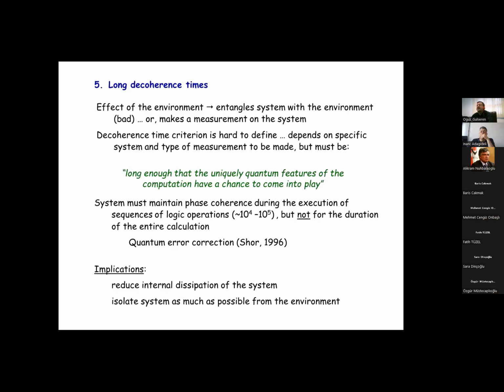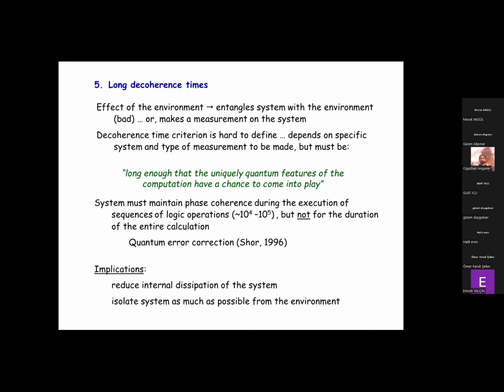And the last one is also critical. Physical systems should exhibit long decoherence times as well. In yesterday's talk, I provided a couple of numbers for the lifetimes for the different defect states and so on. Even today, I'll show different types of implementation. So you have to initialize your system, then do your computation, then you need enough time for the measurement.